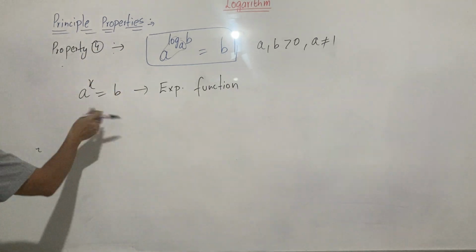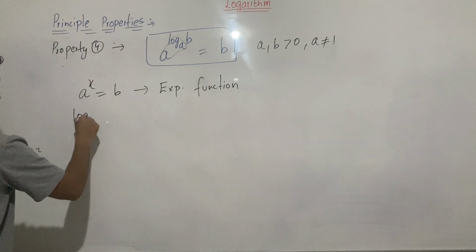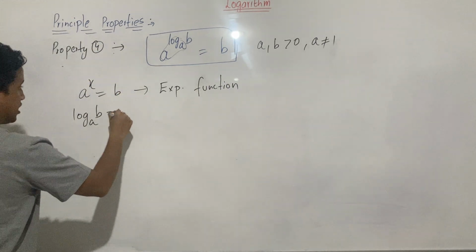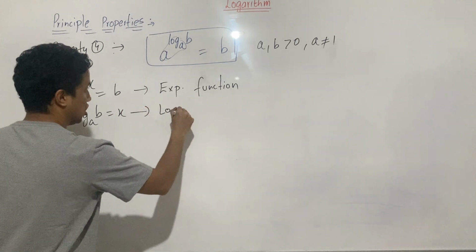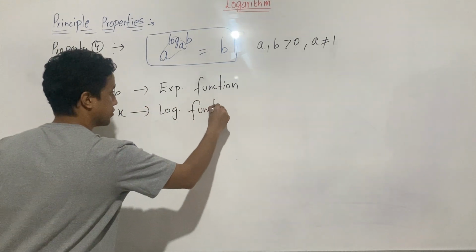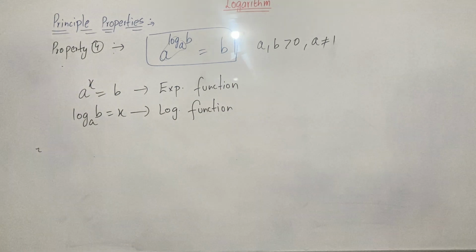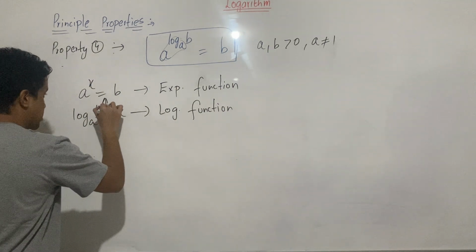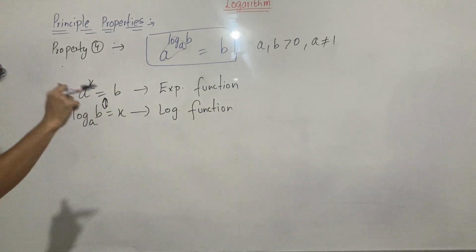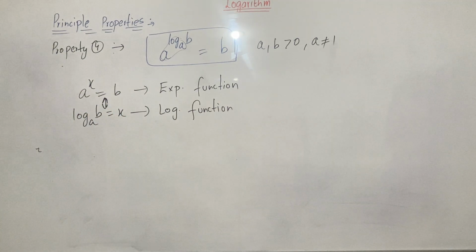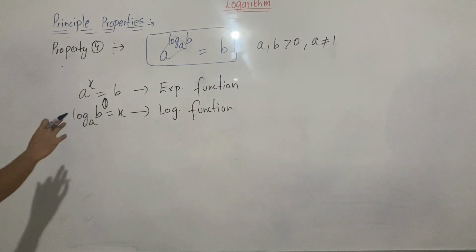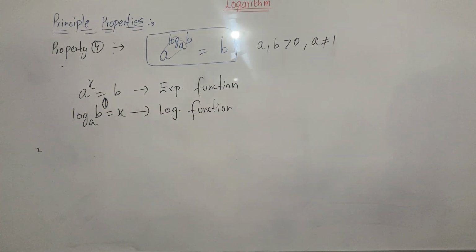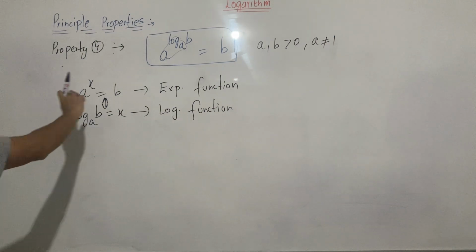And log of b to the base a equals x. This is a logarithmic function, right? And both these functions imply each other, which means they are reversible, right? So what could happen here is that we need this.